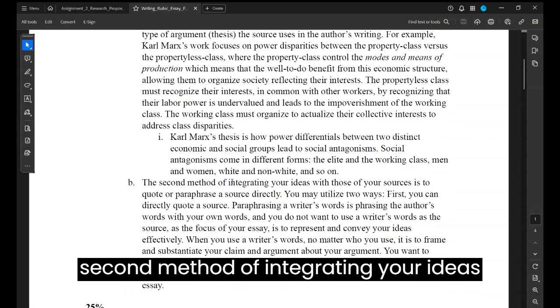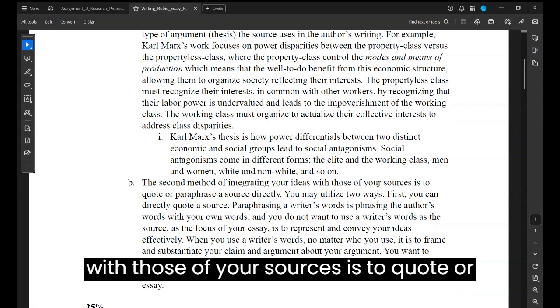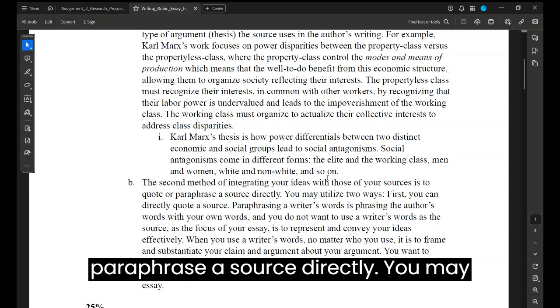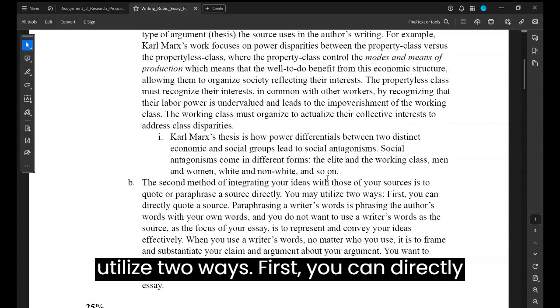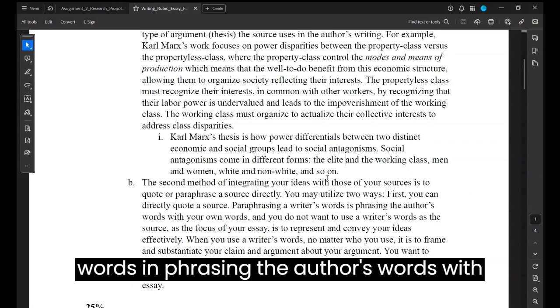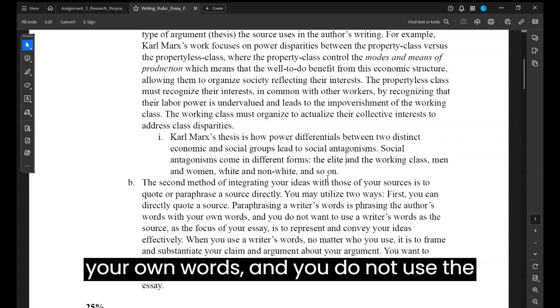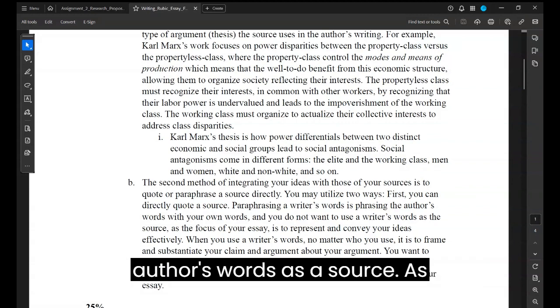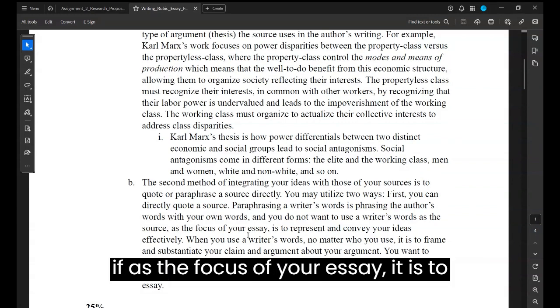So the second method of integrating your ideas with those of your sources is to quote or paraphrase a source directly. You may utilize two ways. First, you can directly quote a source, or paraphrase, phrasing the author's words with your own words, and you do not use the author's words as the focus of your essay.